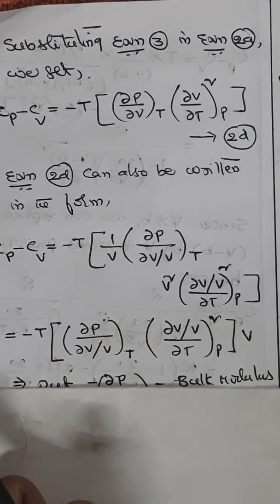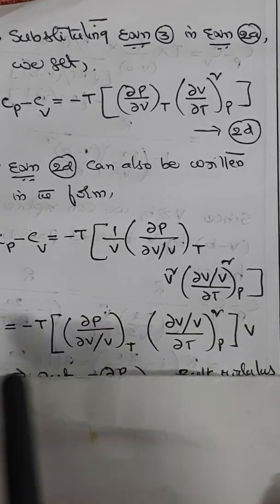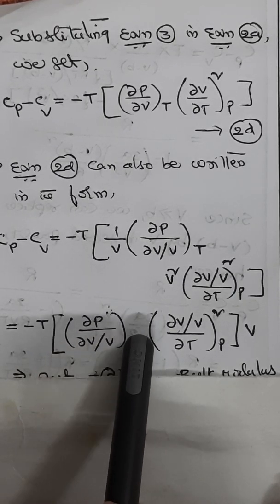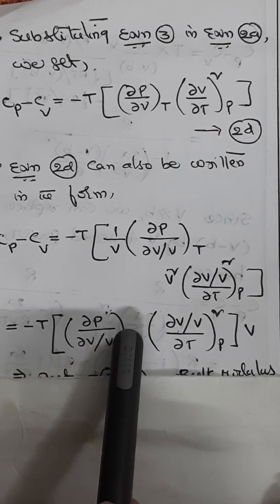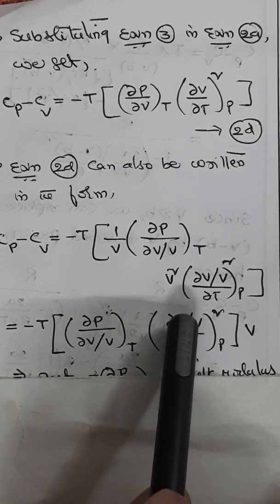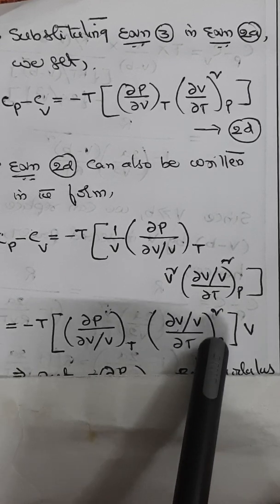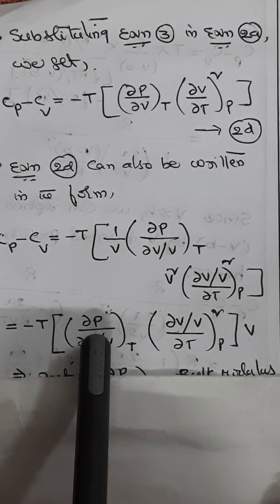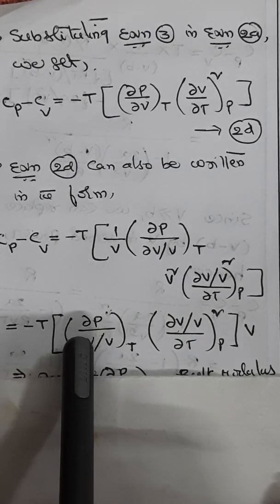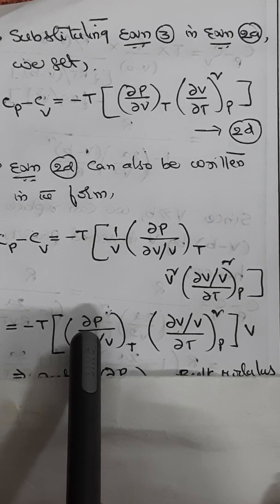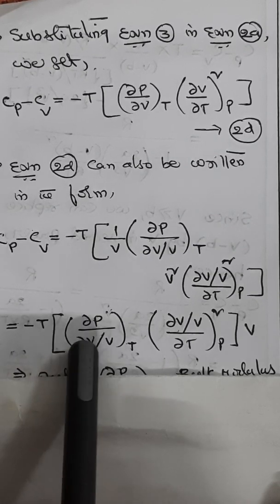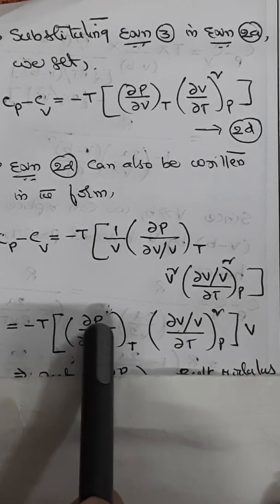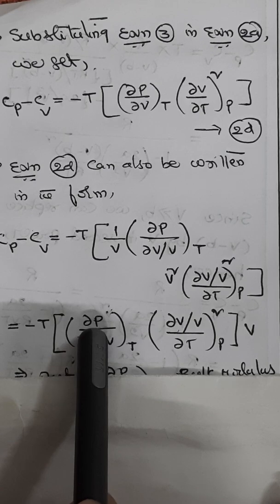You can further simplify it as minus T into ∂P/∂(V by V) at T into (∂V by V by ∂T) whole square at P into V. Now in this expression, you can take ∂P/∂V by V at T as bulk modulus at constant temperature.